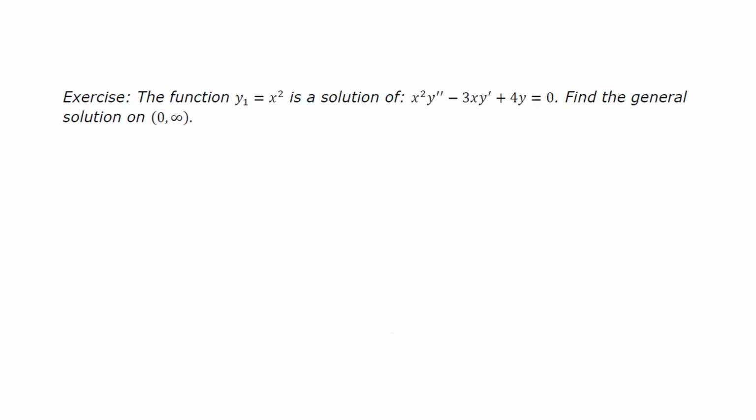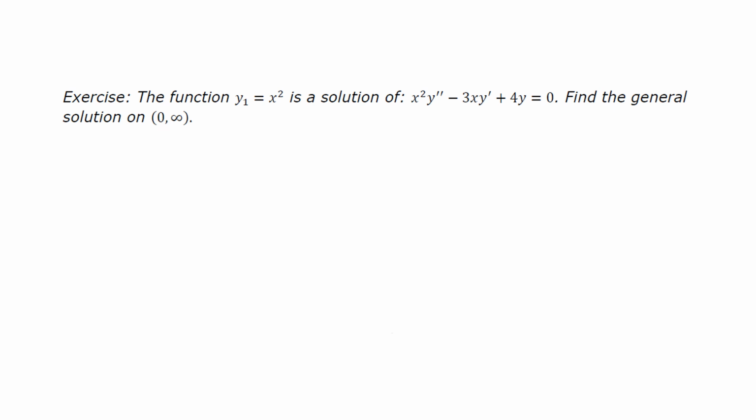Okay, so we have a function here, y sub 1 equals x squared, and it's a solution to this DE: x squared y double prime minus 3x y prime plus 4y equals 0. And we're supposed to find the solution on the interval 0 to infinity. Okay.